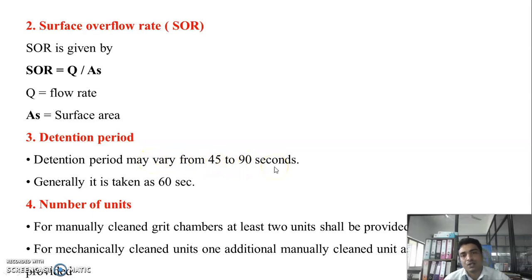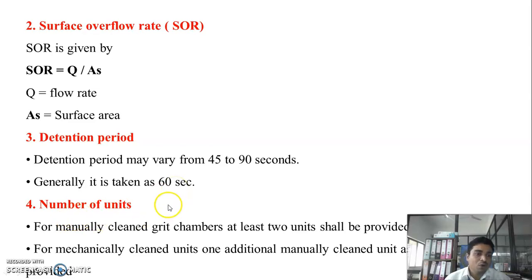Whenever we design the horizontal type grid chamber, this detention period may vary from 45 to 90 seconds, and generally this detention time is taken as 60 seconds. So if in your problem detention time is not given to you, you have to consider the detention time as 60 seconds, that is 1 minute.